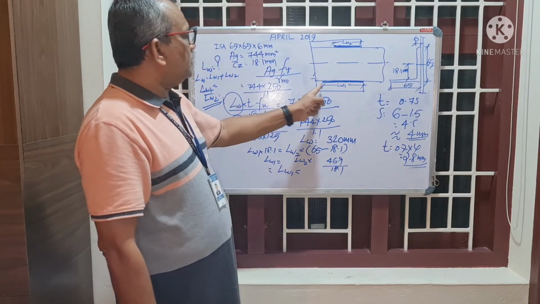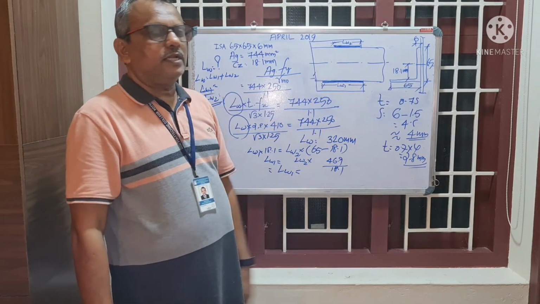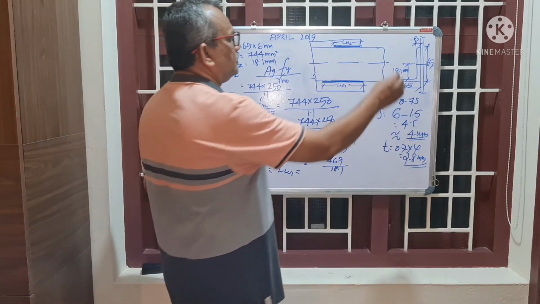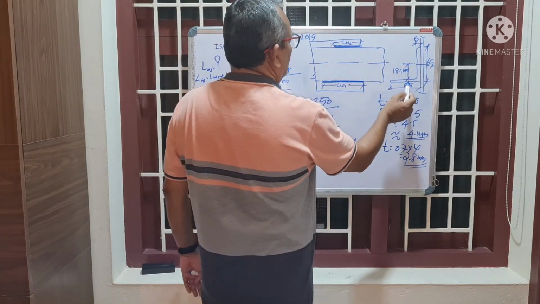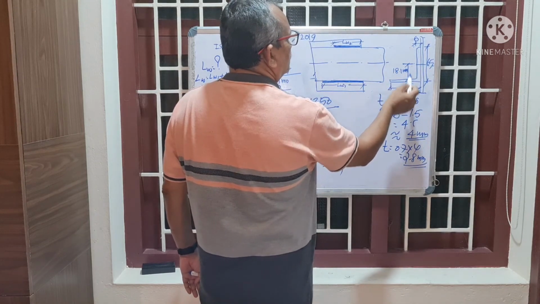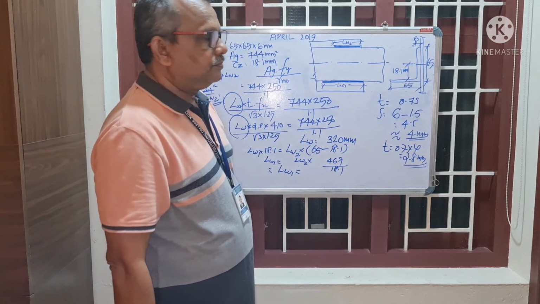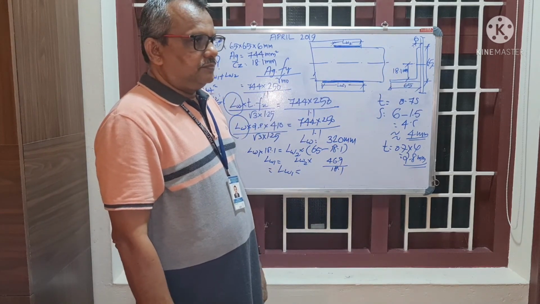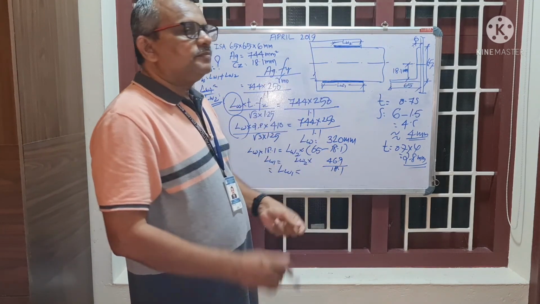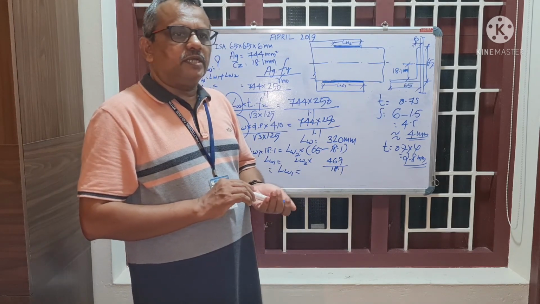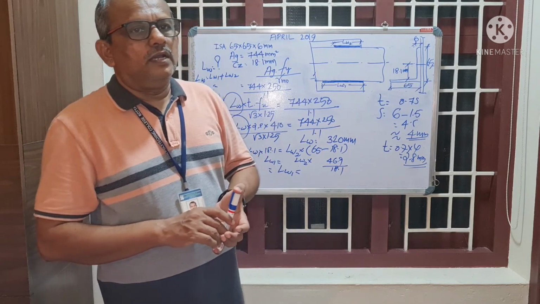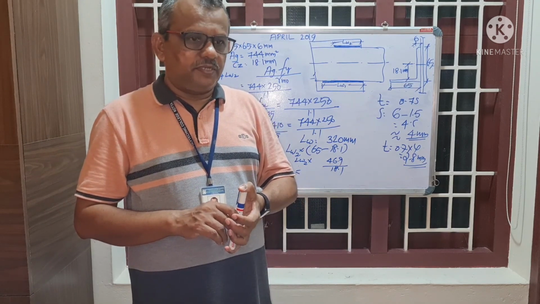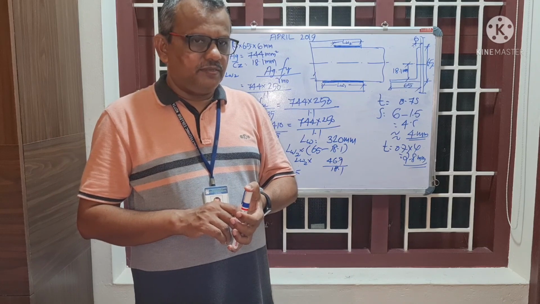From that, find out LW1 and LW2 by taking moments: LW1 into this distance, LW2 into this distance, LW1 into 18.1. This value 18.1 we get from the steel tables. So this is the method of solving this question on the design of weld of an ISA connected to a gusset plate. Is it okay? Clear? Thank you.